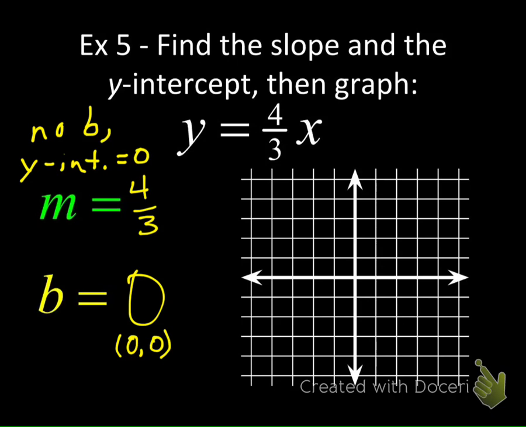So if my y-intercept is 0, 0, it's right on the origin. And I'm going to go up 4, because I know our slope is 4 over 3, so I'm going up 4, right 3. And then go ahead and draw your line.